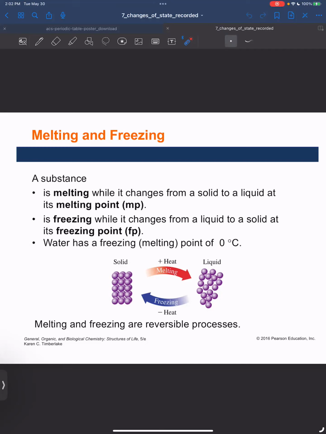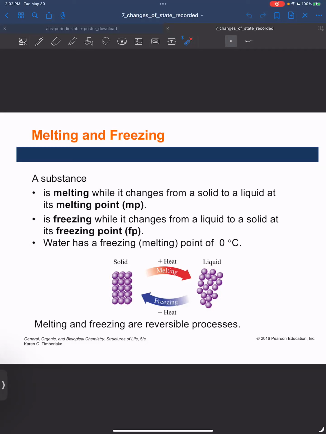So if we imagine we have ice, and that's a solid state of matter, when it absorbs heat energy from the surroundings, whether you put your ice on a table and it absorbs heat energy from the table as well as the surrounding air, it begins to melt. And that happens at 0 degrees Celsius to form a liquid.